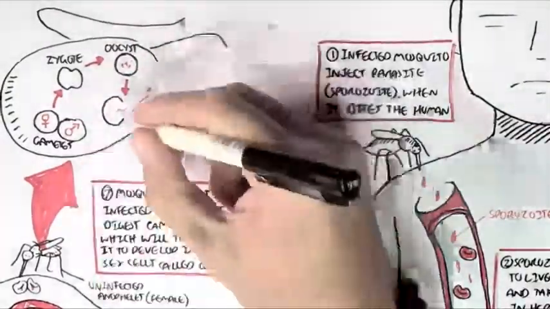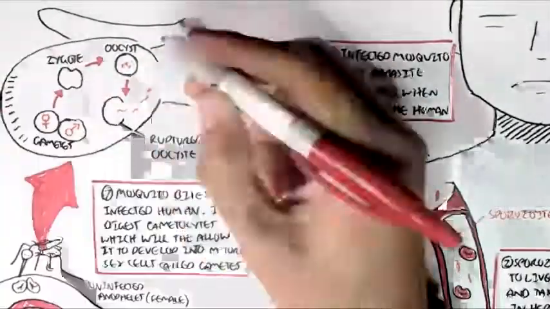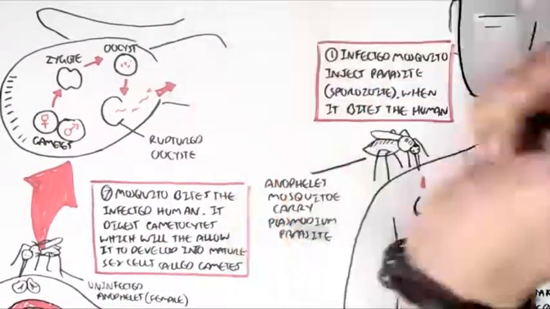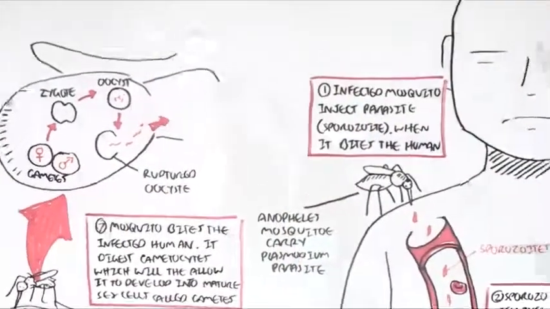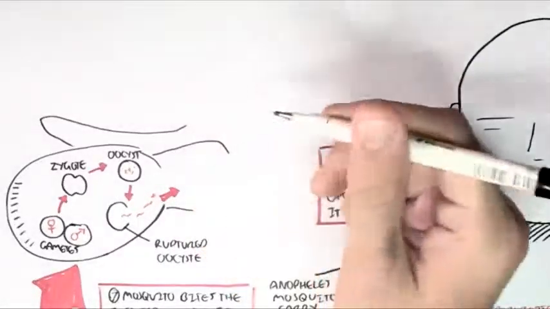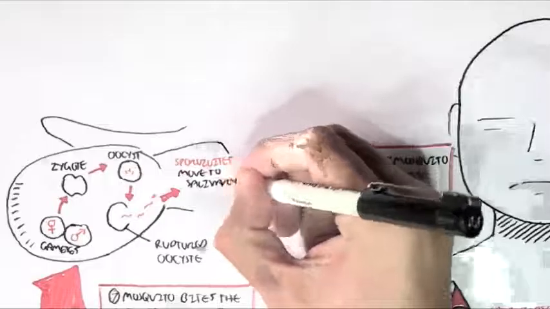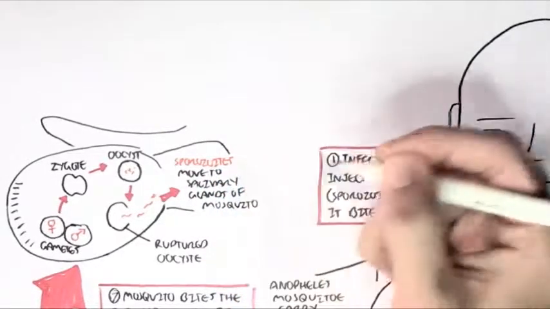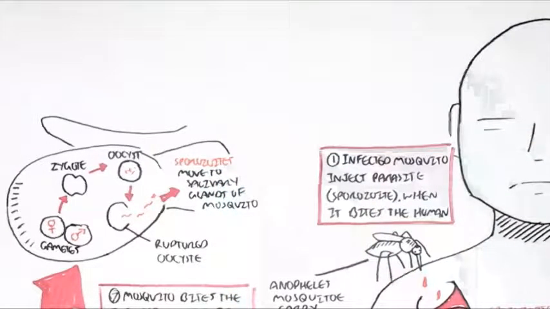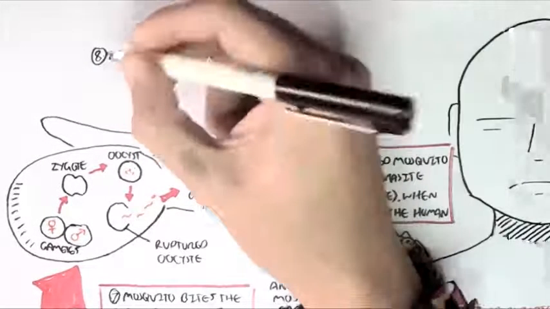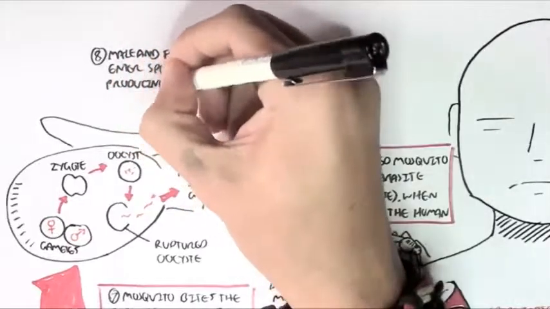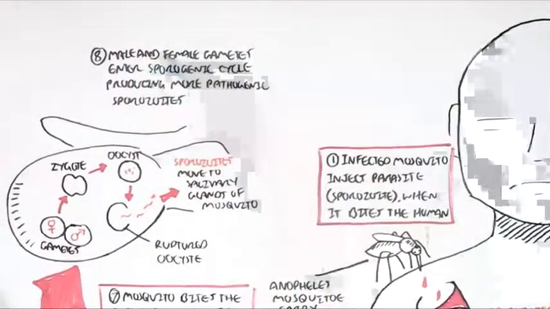These sporozoites will multiply and then will cause the oocyst to rupture, releasing the sporozoites. The sporozoites will move into the salivary glands of the mosquito, ready to be injected into another human being or anything else. So the male and female gametes enter the sporogenic cycle, producing more pathogenic sporozoites.